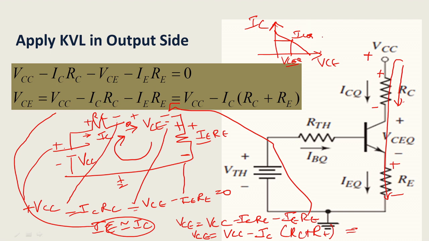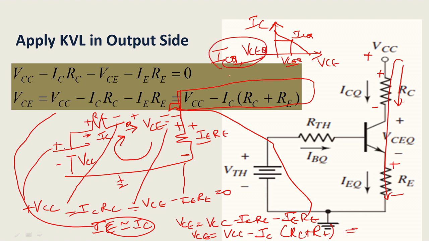So that we will discuss in the problem. Okay, so this is a master equation. From this we can find the load line, then we can find the quiescent point from the ICQ current equation and VCQ voltage equation.